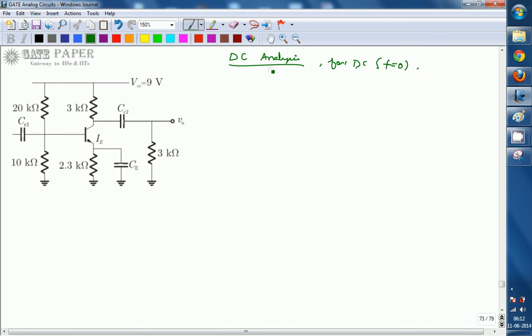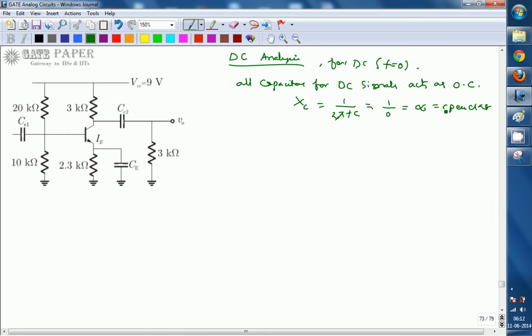So all capacitors act as open circuit for DC signals, because Xc, the reactance of a capacitor, is 1 by 2 pi F C, and F is equal to 0. Something divided by 0 is infinite, which is an open circuit. So all capacitors act as open circuit; this gets open circuit, this gets open circuit.